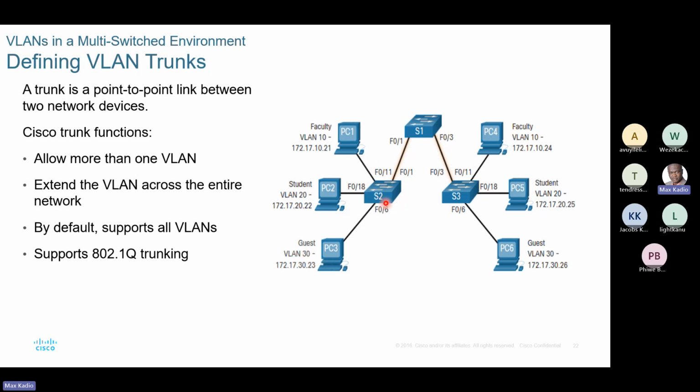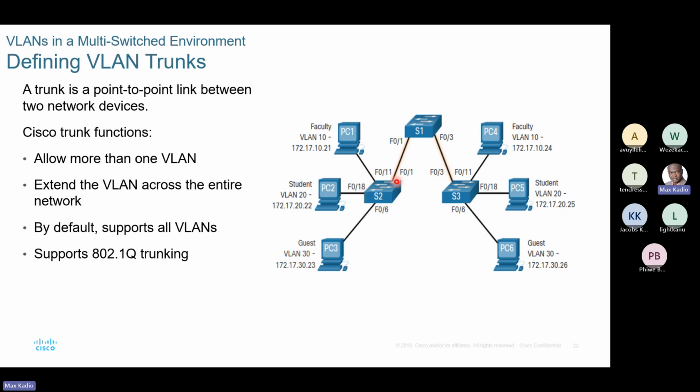If a switch needs to forward this data somewhere, you can see that F0/1 is a port that will carry many frames from different VLANs. So we call it a trunk port. The other ones are called access ports because they carry only one type of VLAN.